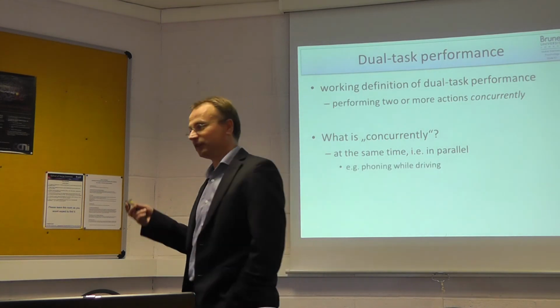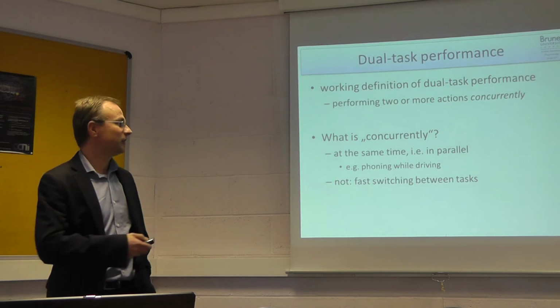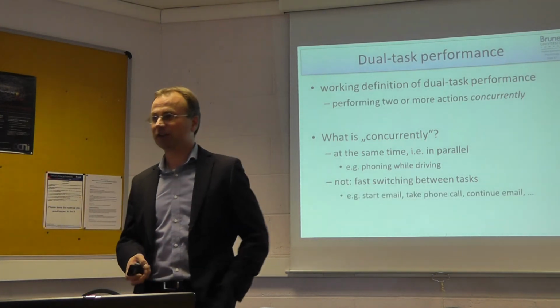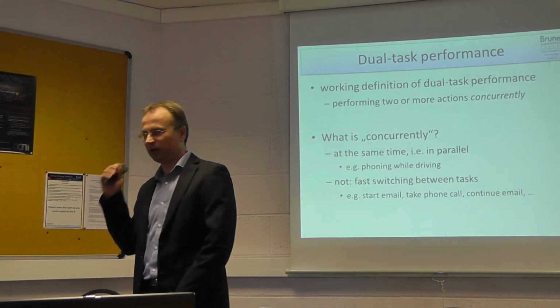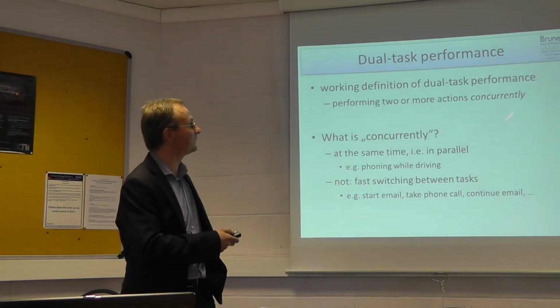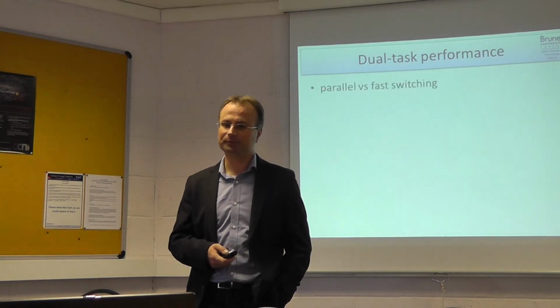So, for instance, using a phone while driving, but not the fast switching between tasks. So not the example we had before, starting an email, then having a phone call, and then continuing writing the email. That wouldn't be a dual task performance with this definition.